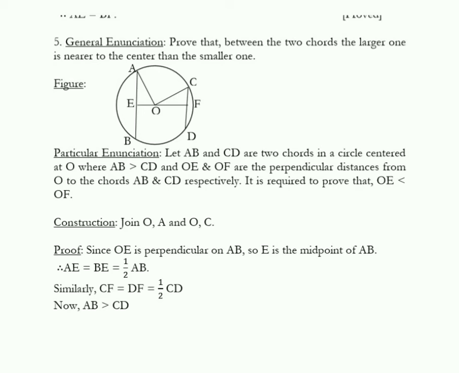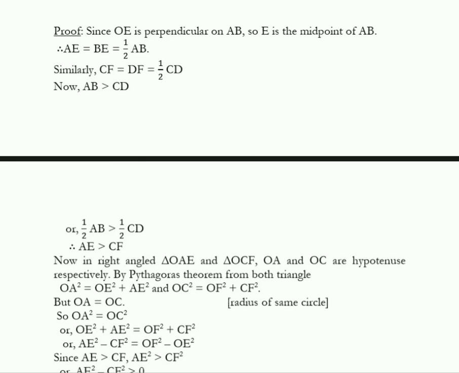Since AB is greater than CD, AB is the larger chord among AB and CD, so half of AB should be greater than half of CD. Half of AB means AE and half of CD means CF. So AE is greater than CF.